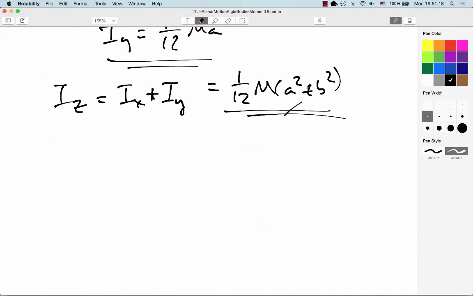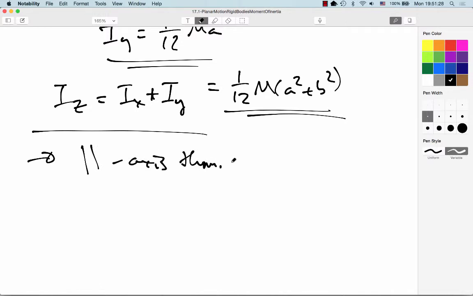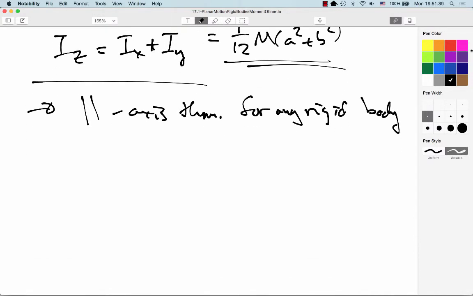Okay, so now with that, let's go to the more applicable parallel axis theorem. And this is for any rigid body. So since it's any rigid body, let's go ahead and draw one.